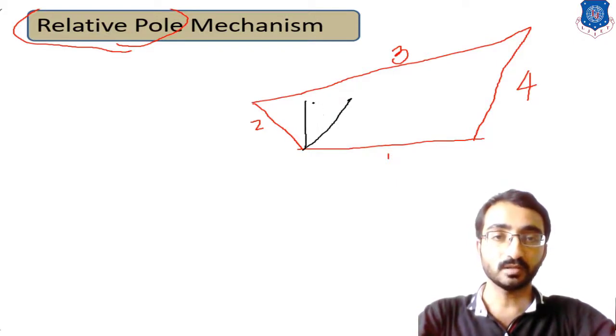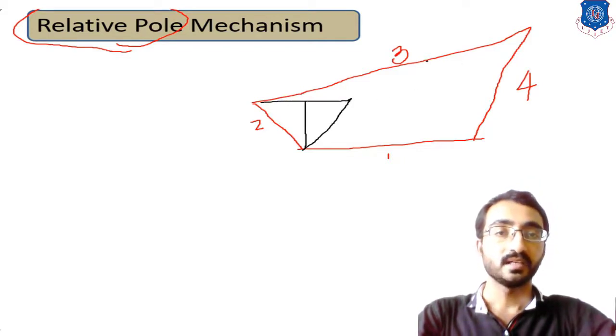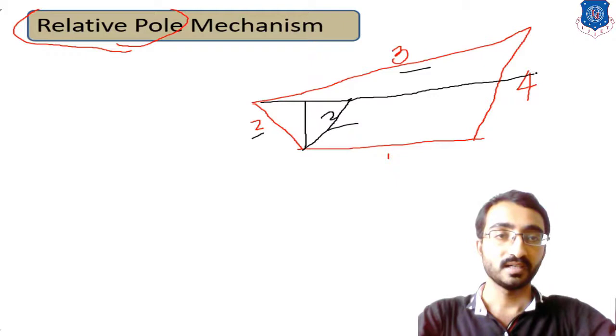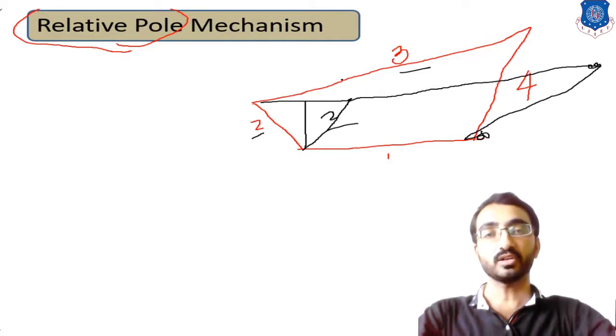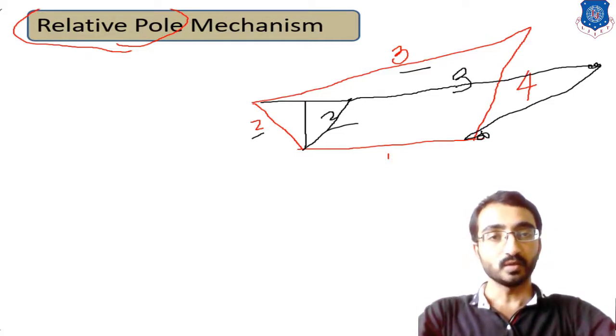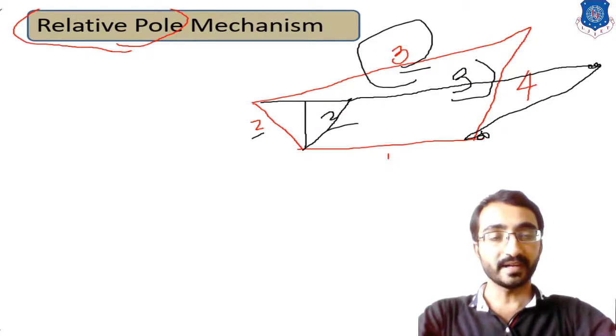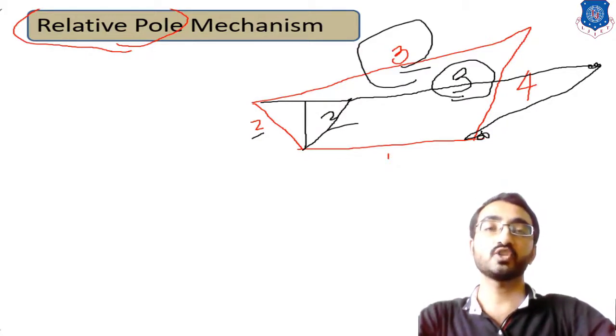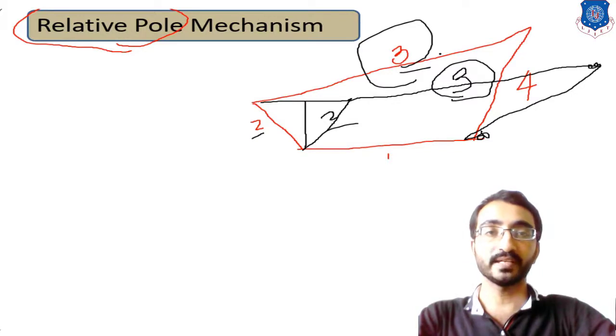After some rotation it will move like this, and similarly link number 2 will reach this position. Due to this, link number 3 will move from its position like this, and due to that link number 4 will be positioned like this. Now we need to find the point about which we can assume the motion of link number 3.